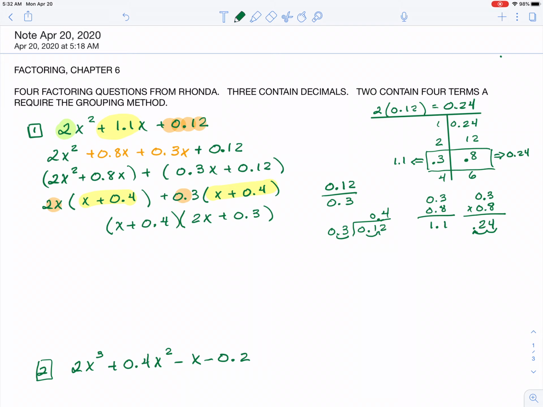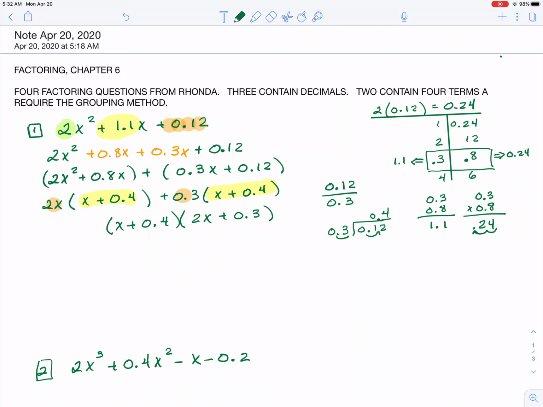And you can see, just checking it here, as I look at last times last, that's going to give me that 0.12 on the end in the original. If I look at first times first, you see there's the 2x squared, which is the first term in the original trinomial.